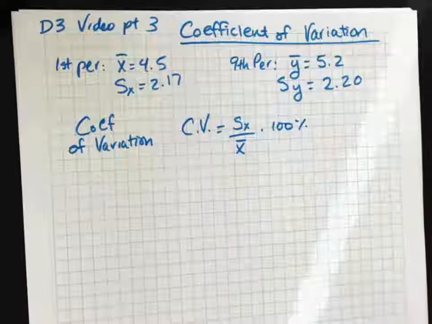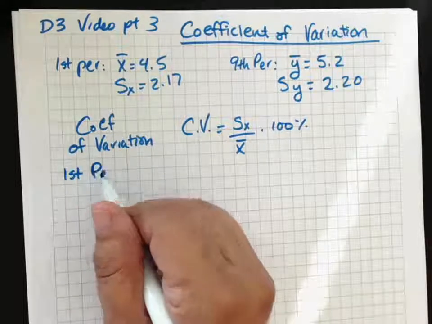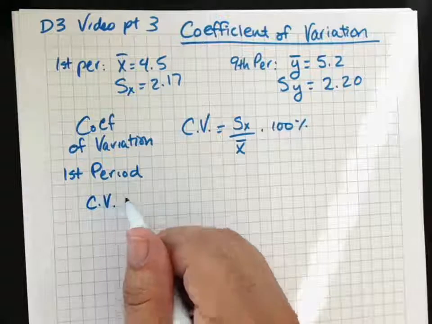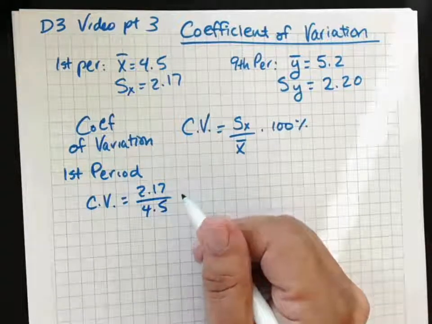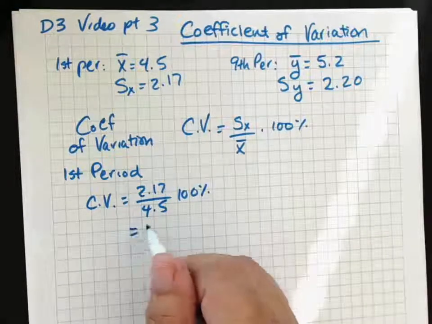So if I'm going to calculate it for first period, then I would say the CV is 2.17 over 4.5, times 100%. All right? So it's 48%.